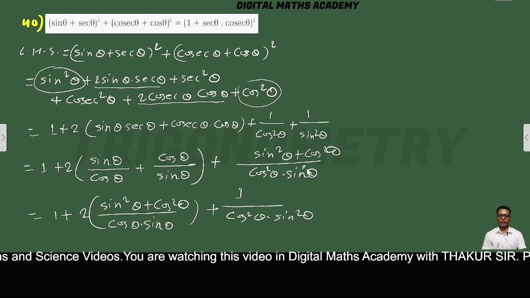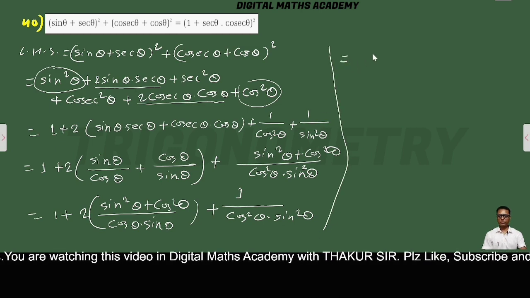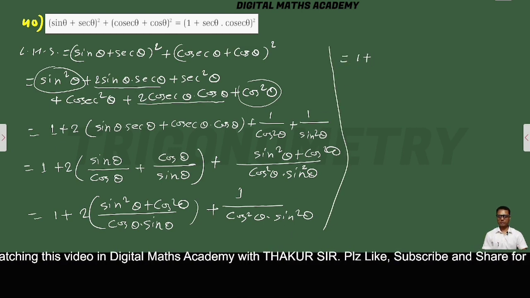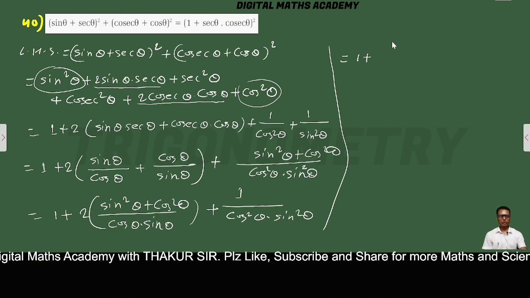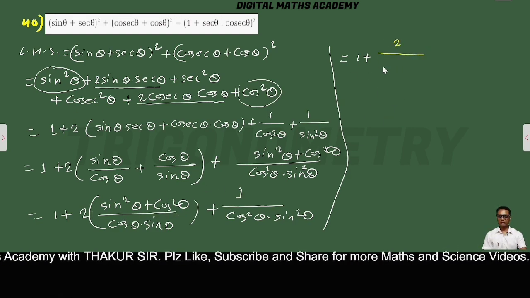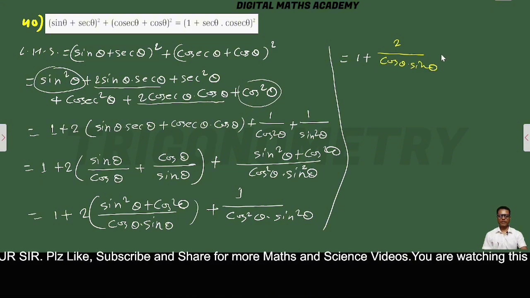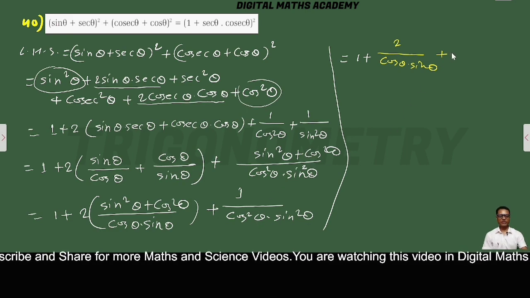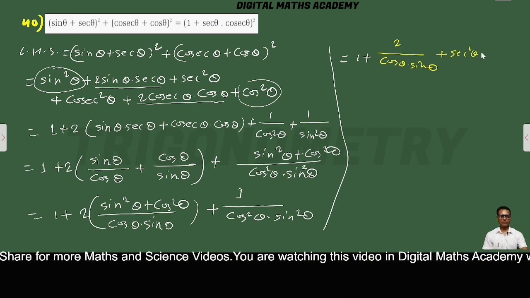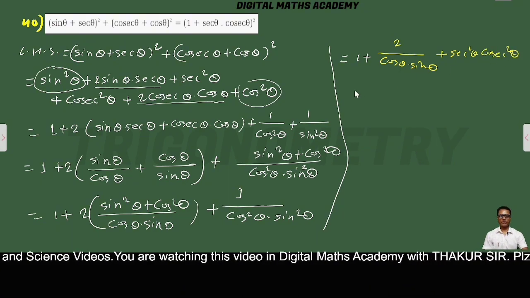Now we have here equals to 1 plus 2 over cos theta dot sin theta and plus 1 by cos square, which we can write as sec square theta, and 1 by sin square theta means cosec square theta, right?